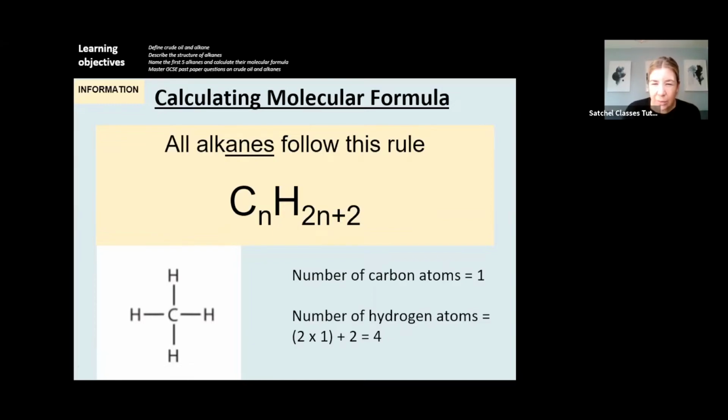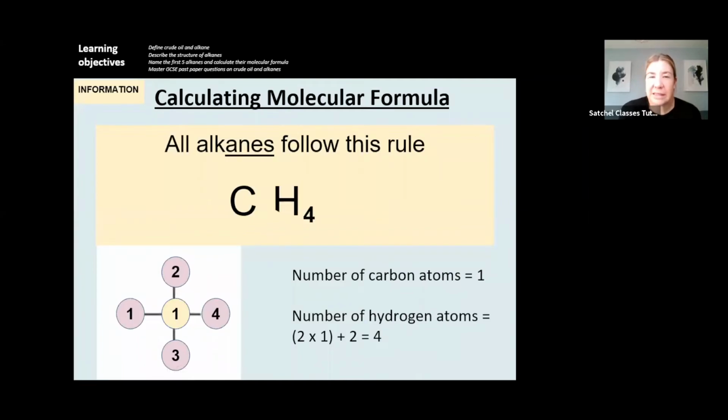It seems a bit complicated, but let's go through it just to make sure that you understand. The number of carbon atoms is 1, because there's 1 of them. How many hydrogens are there? 1, 2, 3, 4. So we say that methane is C1H4. Now you'll notice that that 1 has disappeared, because in chemistry, we don't often put a 1.